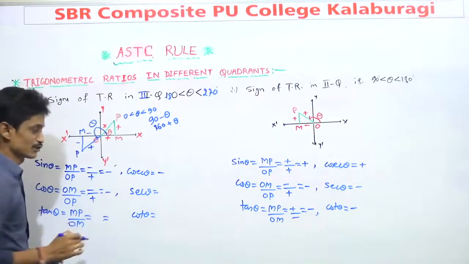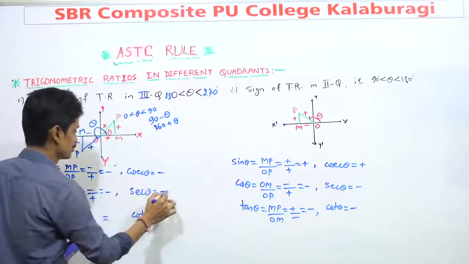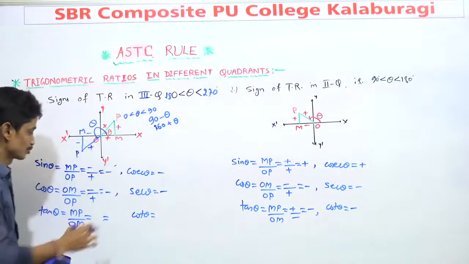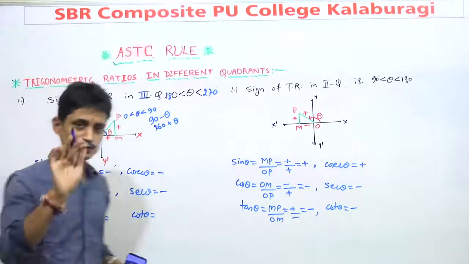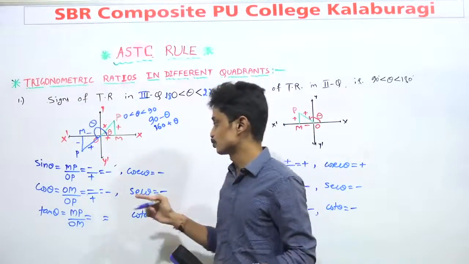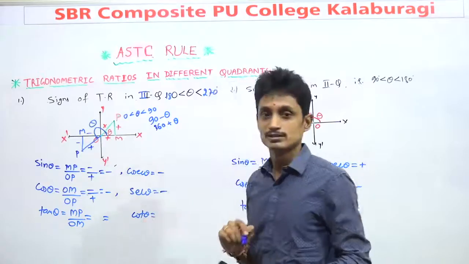Negative by positive is negative. Since sine is negative, cosecant is also negative because it is the reciprocal of sine. Now, cos theta: OM is negative and OP is positive, so negative by positive is negative. Like cos, secant will also give a negative quantity. So there are four negative ratios in the third quadrant: sine, cos, sec and cosecant.